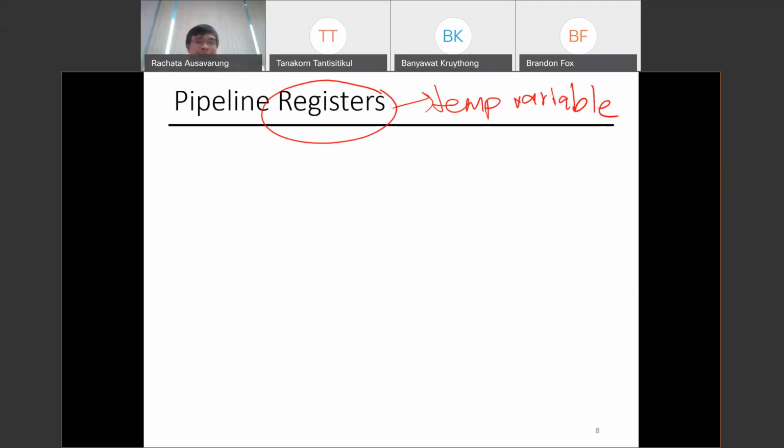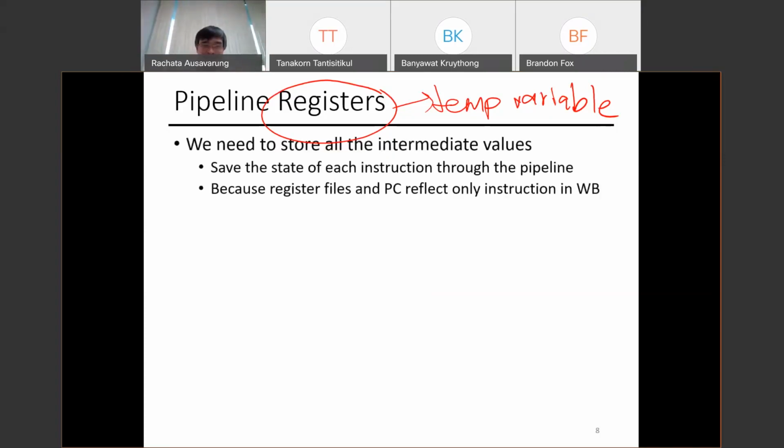When you use a register in a program in assembly, you're trying to use it as a variable in the middle where you need to store a value. A pipeline register is basically a temporary variable that I use to store intermediate steps. So anything that has an intermediate value dependent on that instruction has to be stored. You save it so that it can go through the pipeline.